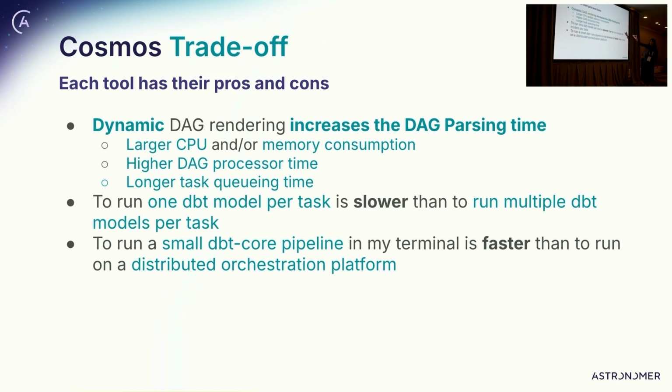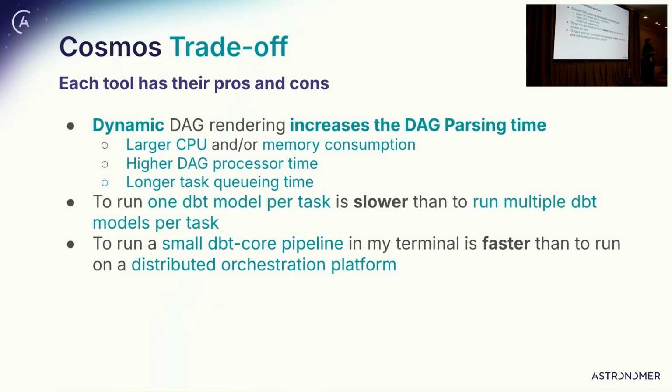But dynamic DAG rendering can mean larger CPU and memory consumption. It will increase DAG processing time, which may result in timeouts, may result in scheduling issues. It does lead to longer task queuing times.